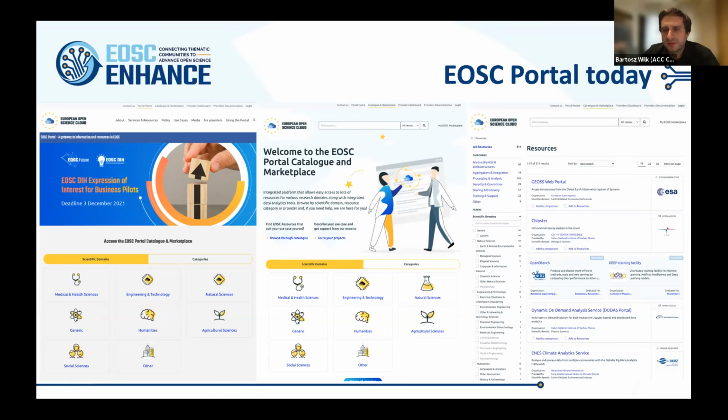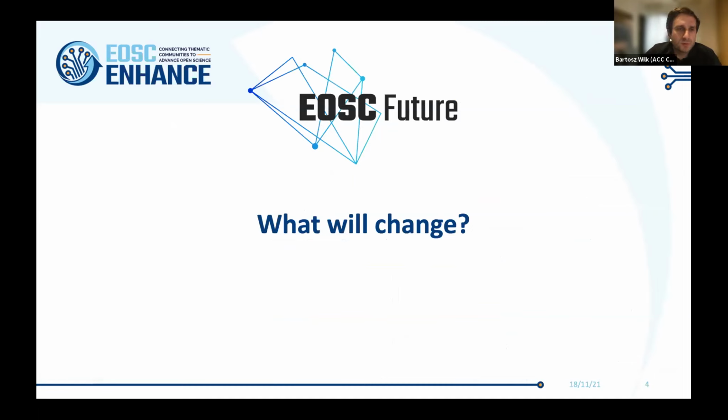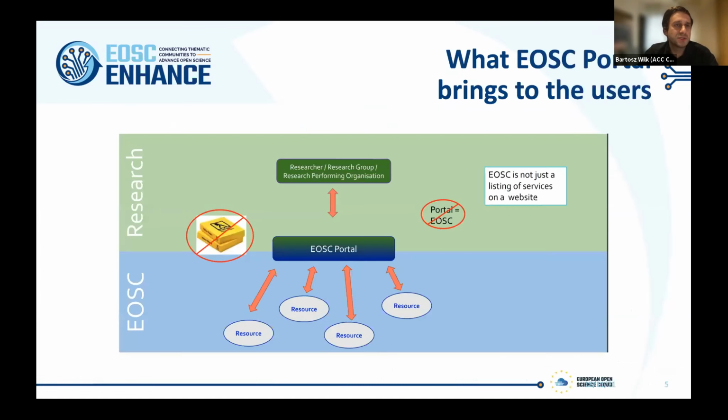What will change when we transfer the technology to the EOSC Future? The first thing that will change is the perspective. The perspective that comes from the EOSC Enhance puts EOSC Portal in the center and delivers the functionalities through one single portal.